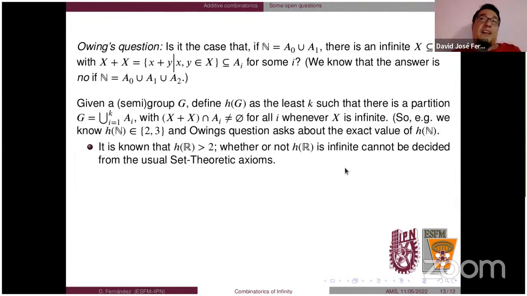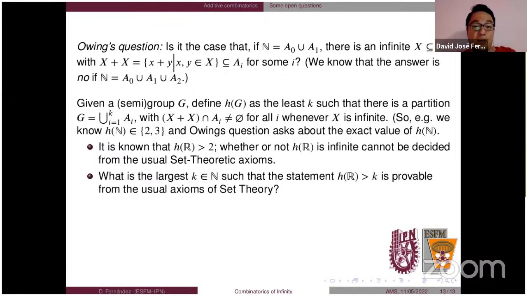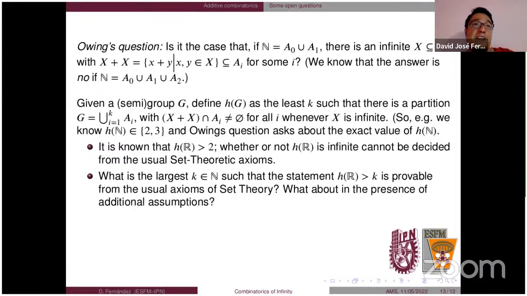But still, you can ask, well, at some point it becomes undecidable, but what is the largest number such that this is decidable and true? So what is the largest k such that you can prove this? We know k equals 2 at least works, but what about k equals 3, for example? So this is a really nice question, and obviously you can also vary the question to take simplified versions of it in the hopes of making progress. For example, adding additional assumptions to the usual axioms of set theory.